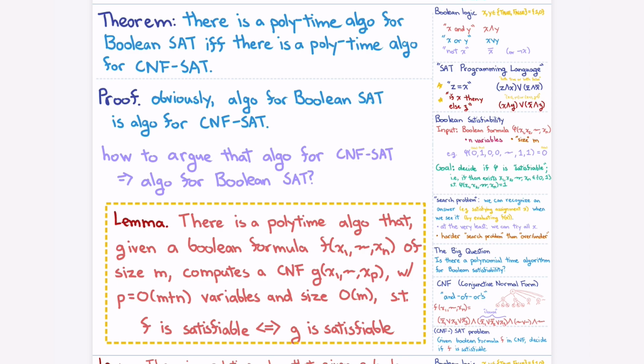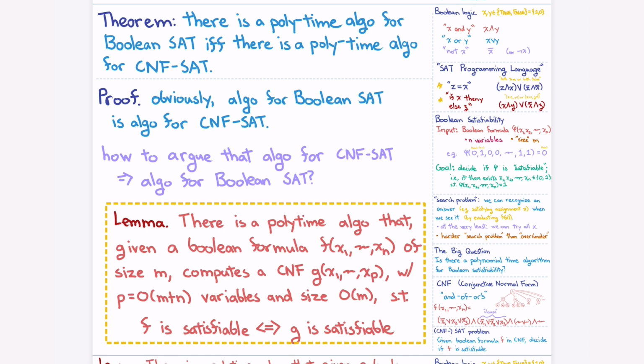All I have to do is create a CNF formula, but I can do whatever I want otherwise. And the total size of this formula is going to be comparable to the input formula. And it's going to have the property that the original formula is satisfiable if and only if the new one is.